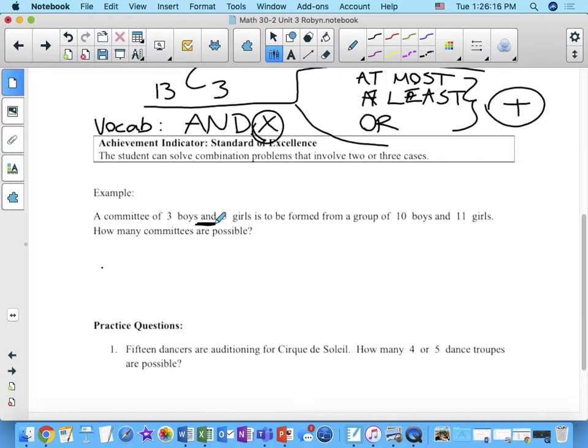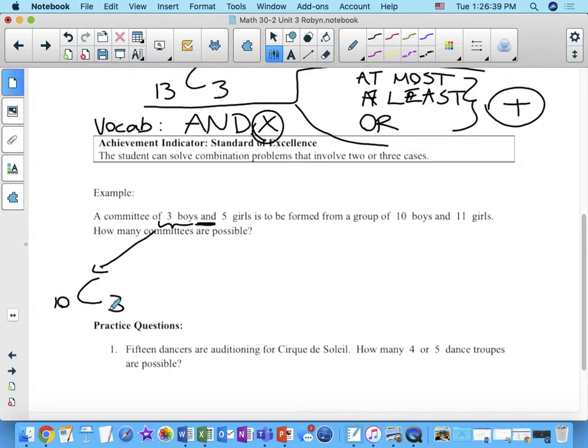So this piece becomes 10C3 because you've got 10 boys to choose from and you need to choose 3. What about this piece, the 5 girls? Yep. 11 choose 5, yes.